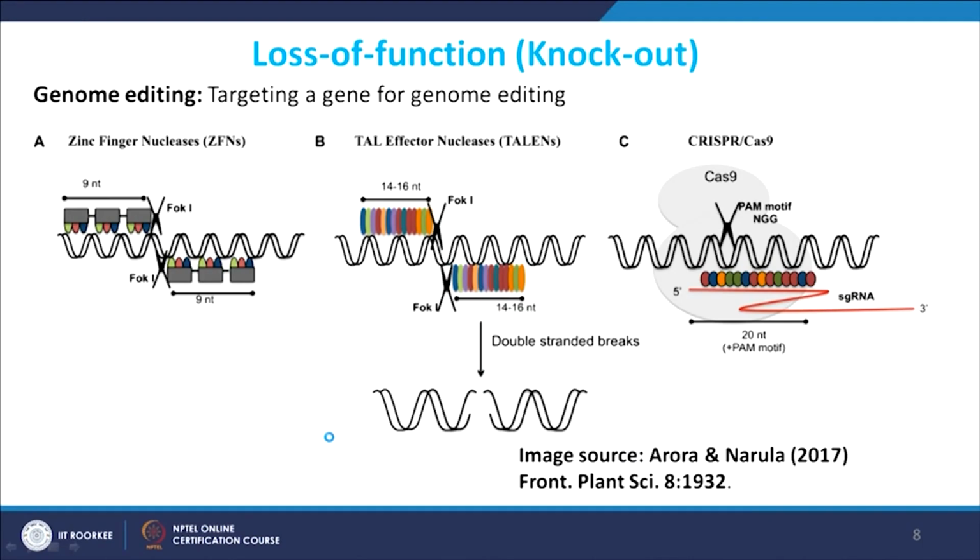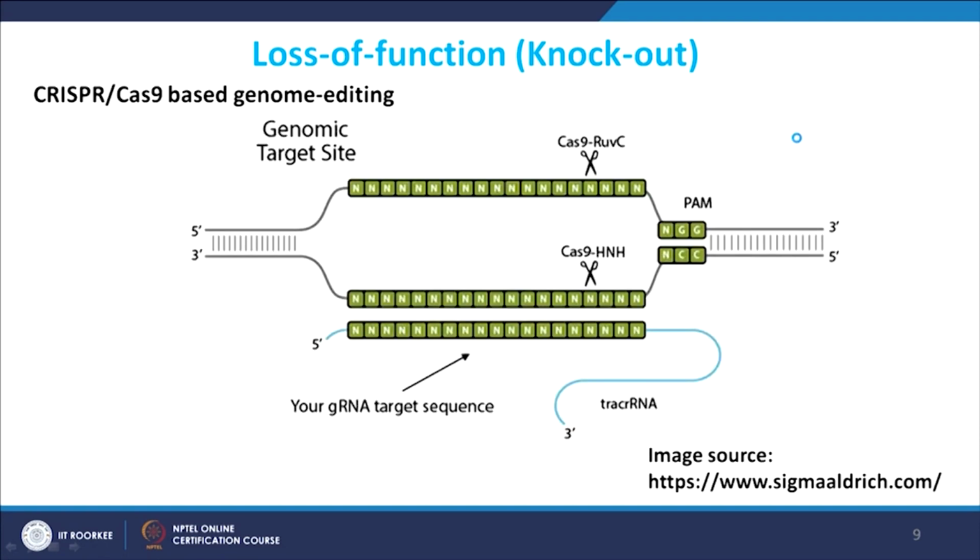Another method is genome editing. In genome editing there are many techniques available which you can use to edit the genome, ZFN, then TALEN, but recently CRISPR-Cas9 has been used very widely and very extensively. So we will see how this is being used to edit the gene.